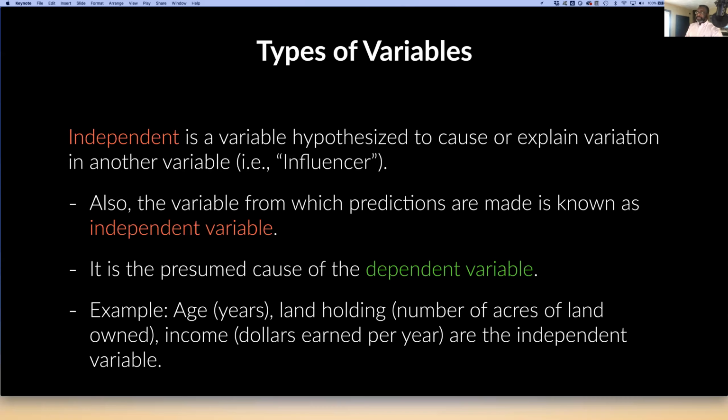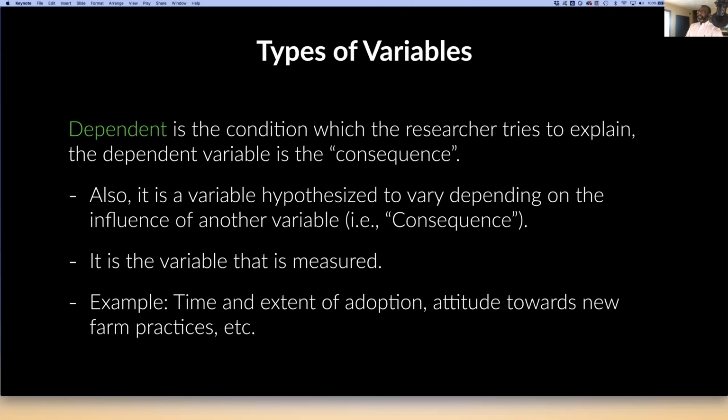The independent variable is a variable hypothesized to cause or explain variation in another variable. It's the variable from which predictions are made. It is the presumed cause of the dependent variable. For example, age, landholding, and income are independent variables in this instance.